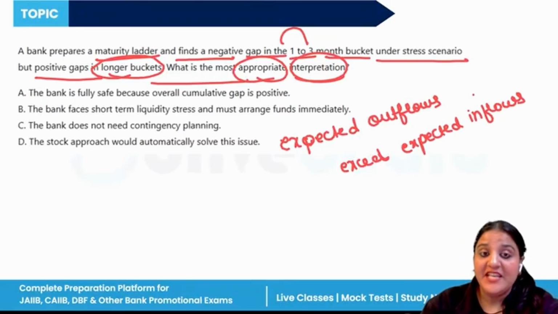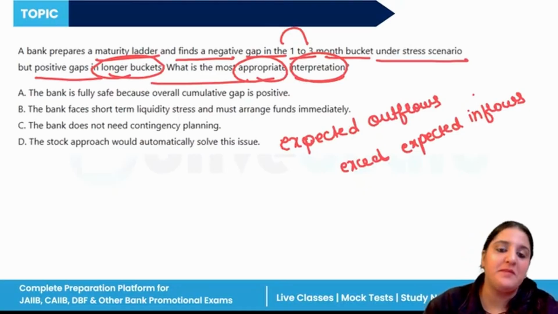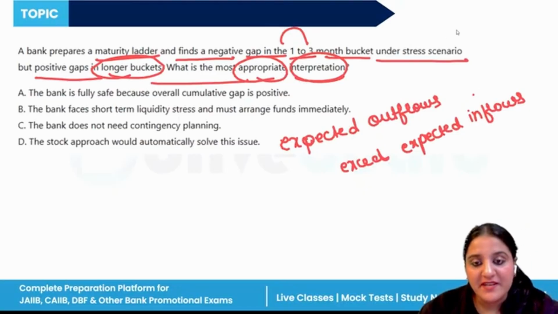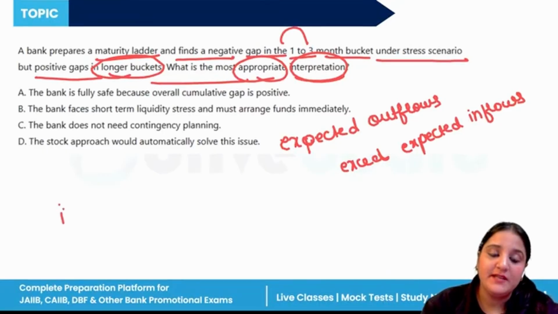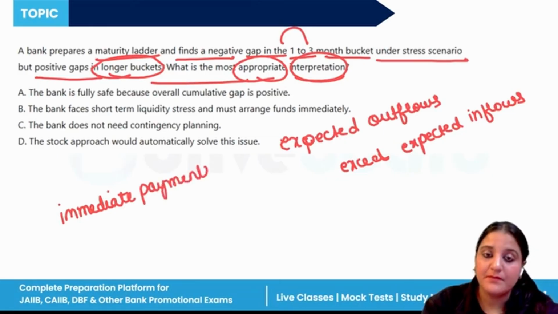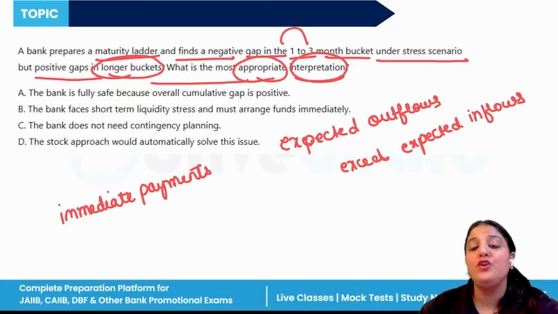During that period, even if later buckets show surplus, the bank may fail to meet its immediate obligations. So liquidity risk is mainly about survival in the short term. Banks fail due to inability to meet their immediate payments, not due to long-term profitability.